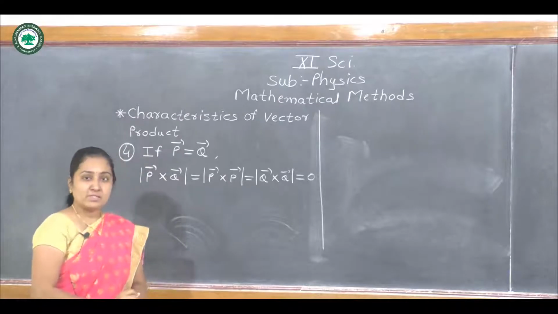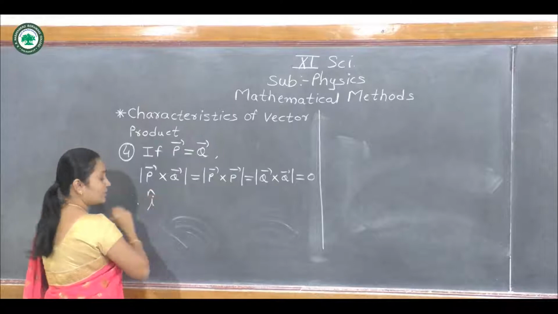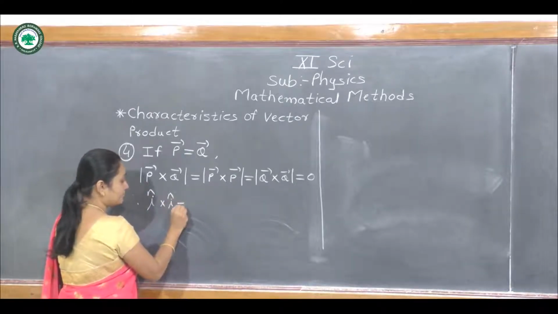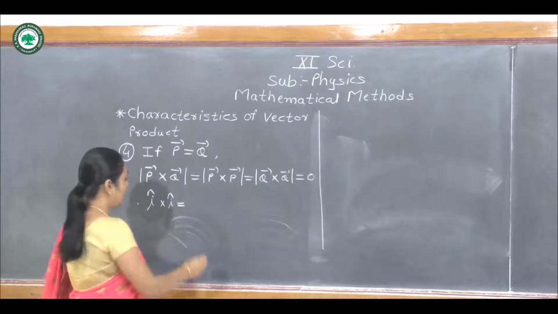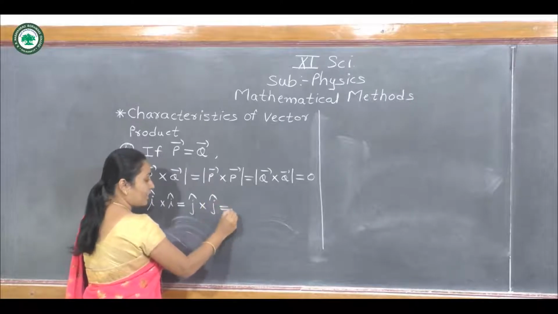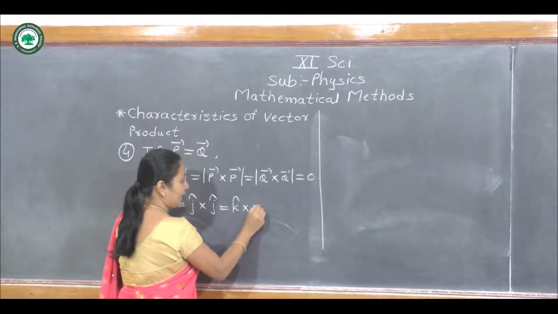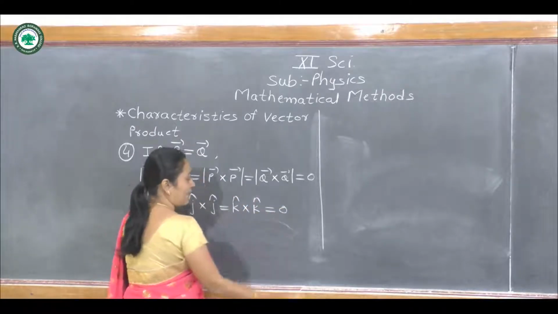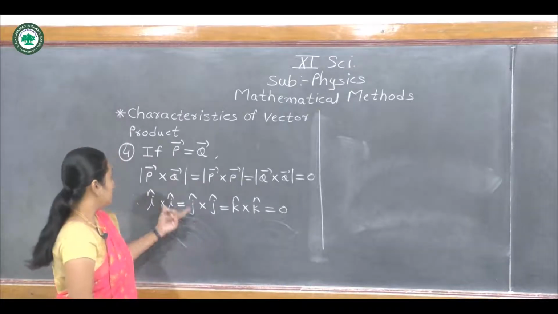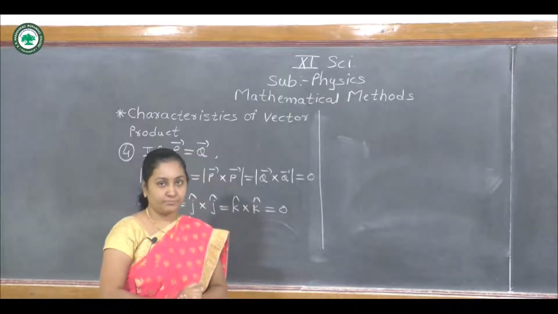Therefore, for unit vectors, i cap cross i cap is equal to j cap cross j cap, which is equal to k cap cross k cap, and it is equal to 0. So this is the fourth characteristic of a vector product.